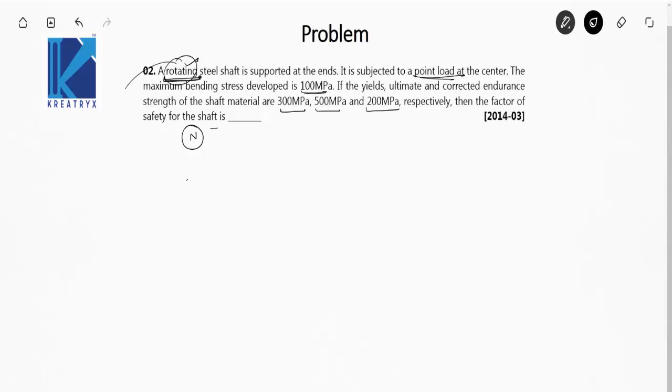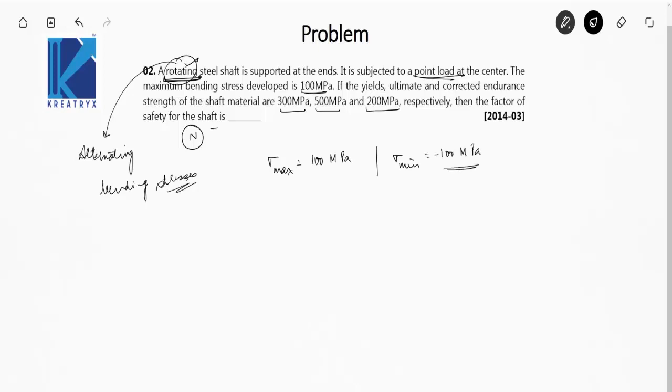Because of this rotation, the upper and the lower fibers above and below the neutral axis will be subjected to repeated tension and compression. So that implies if maximum bending stress sigma max is equal to 100 megapascal, the minimum bending stress will be minus 100 megapascal.